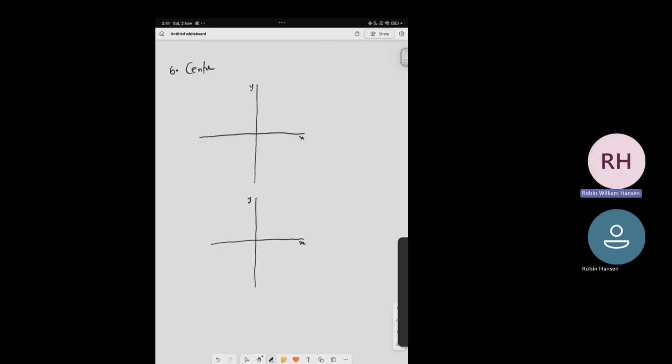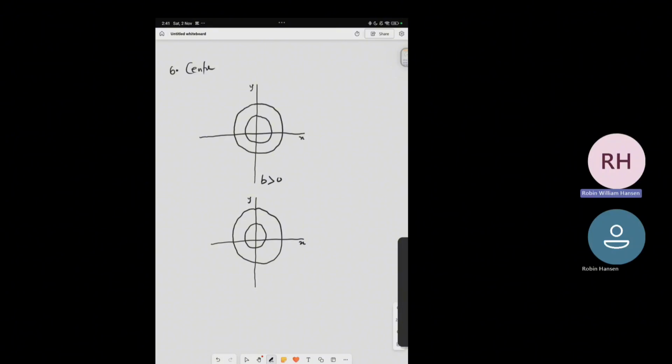For the center, our solution curve spirals around the origin in a closed curve. And they also have different directions depending on the value of B.